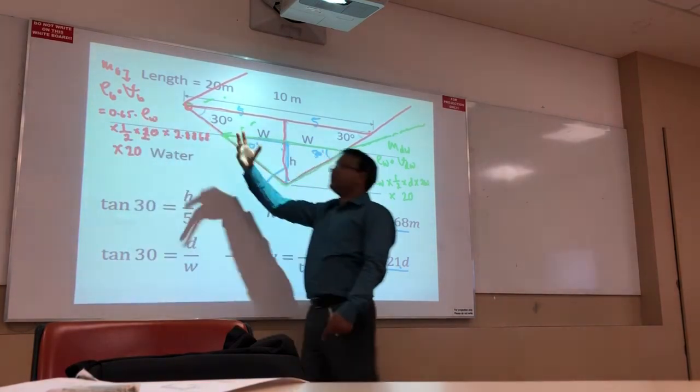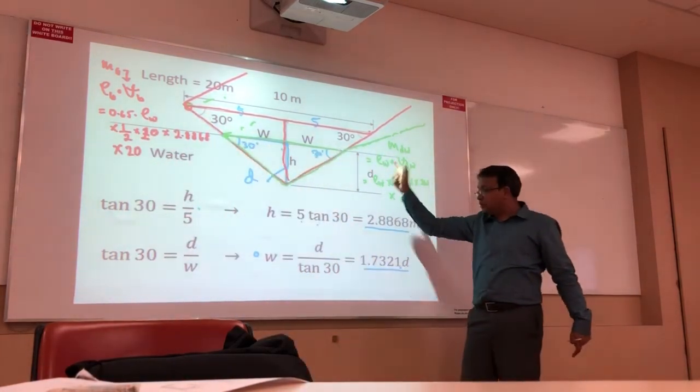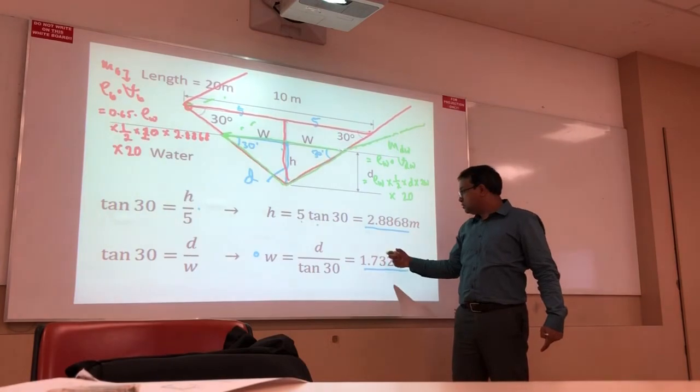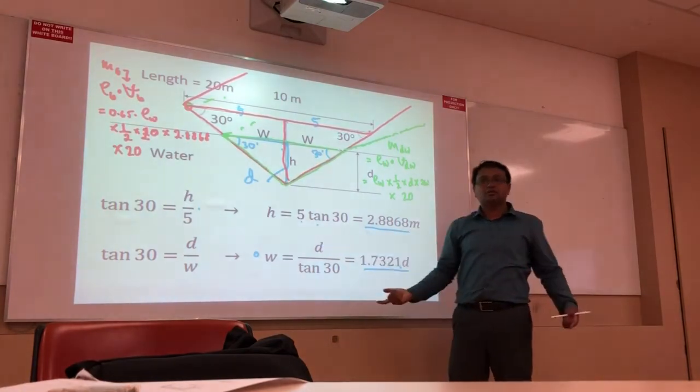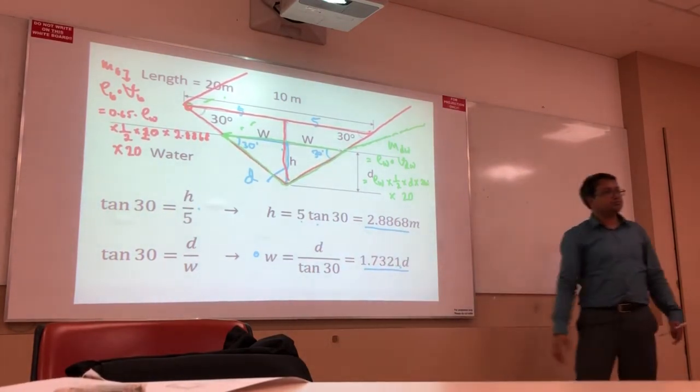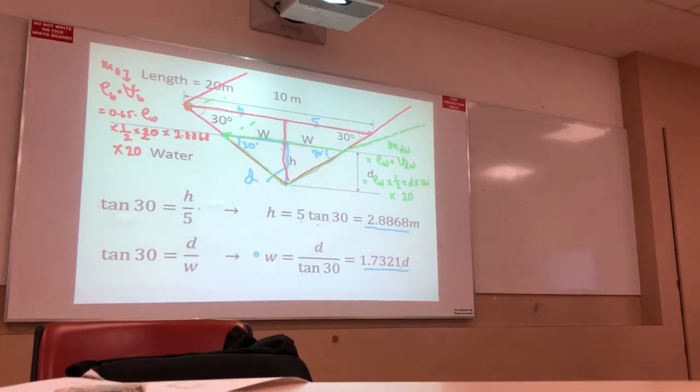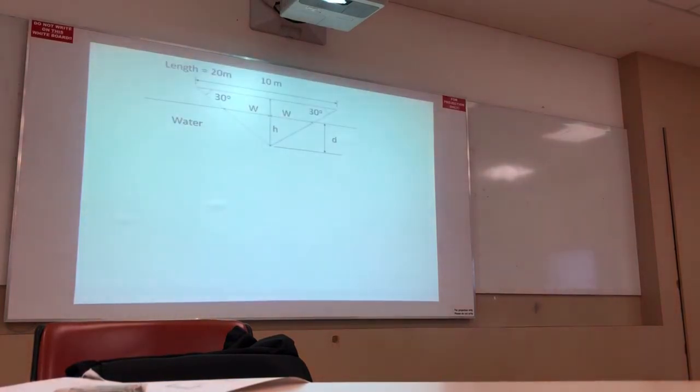Then I can find another relationship between D and W, and here is another relationship between D and W. Then I can calculate D and W. Two equations, two unknowns. Understand? Good. Now I can go to the next slide.